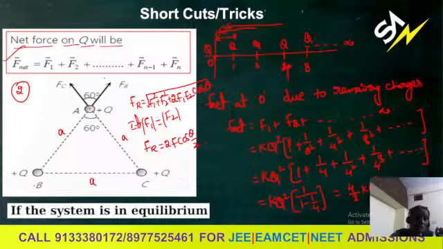Due to corner B at A, there is a repulsive force, meaning corner A charge will be repelled by corner B. So direction is this way. And at A, due to corner C also repulsive only. Now the force between A and B, and the force between A and C, with the direction, have a 60 degrees angle between them.